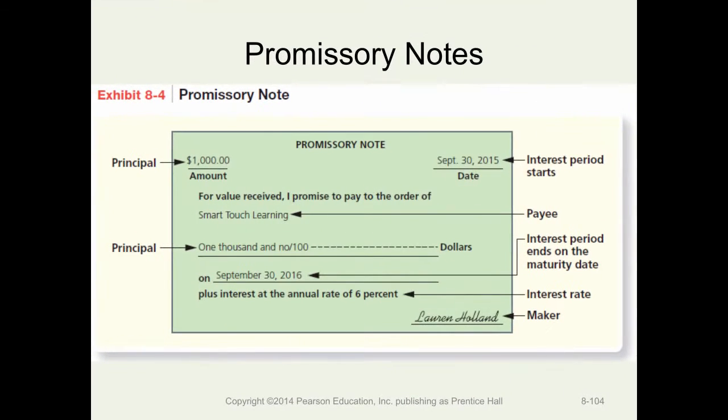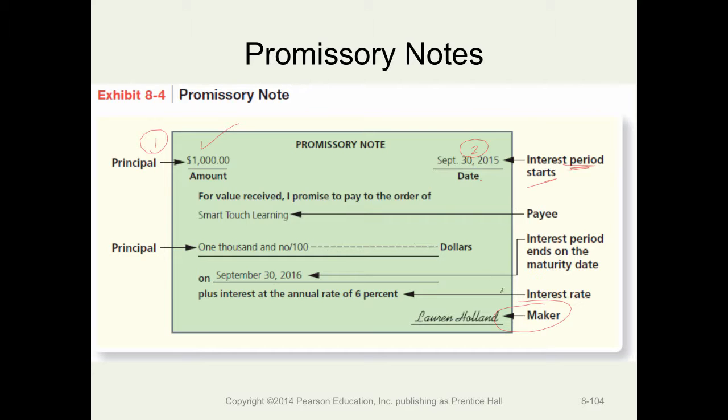So when you look at a sample document from the textbook, the principal amount, the first component, is here. It's a $1,000 note. The second component is the date, and that's the period that the interest starts accruing. Of course, the payee is lending to the maker of the note.